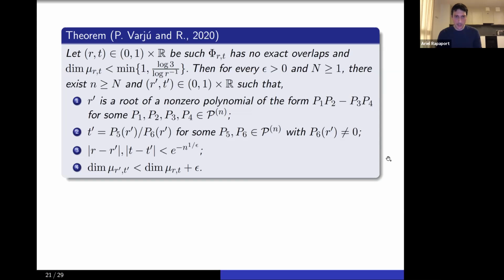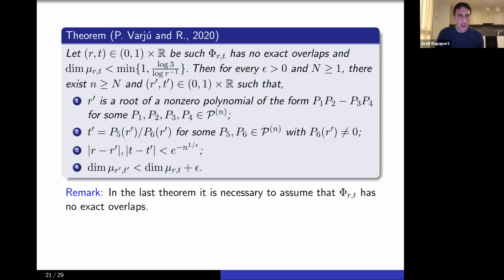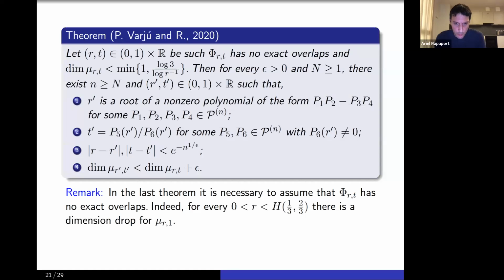This statement generalizes directly the statement of Breuillard and Varjú's second result. The proof is definitely not a direct extension. Let me remark that in the last theorem, it is necessary to assume that the IFS has no exact overlaps. Let me explain why briefly. If r is sufficiently small, smaller than this entropy, then there is a dimension drop for the measure mu_{r,1}. So mu_{r,1} is the homogeneous measure corresponding to the homogeneous IFS with contraction r, in which the translations are 0, 1, and 1.